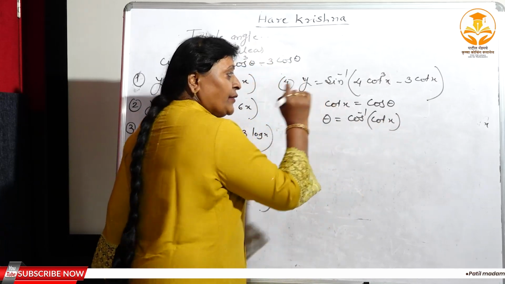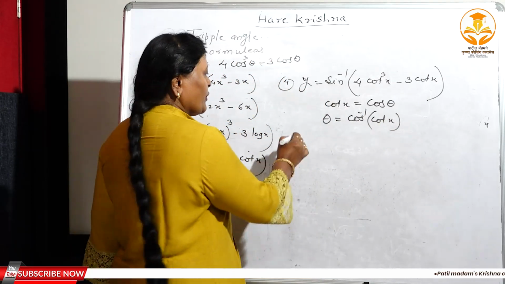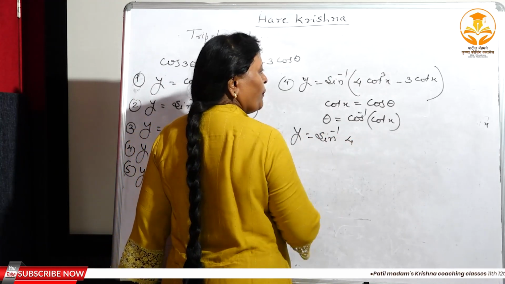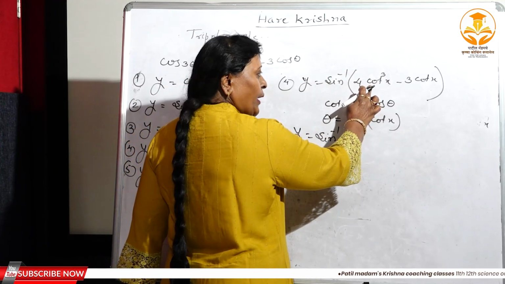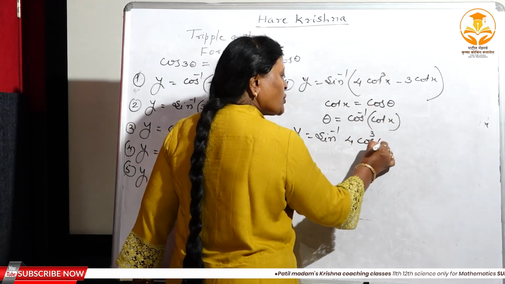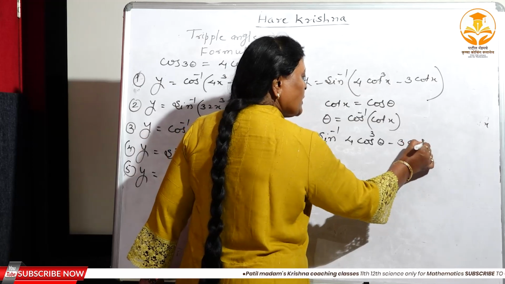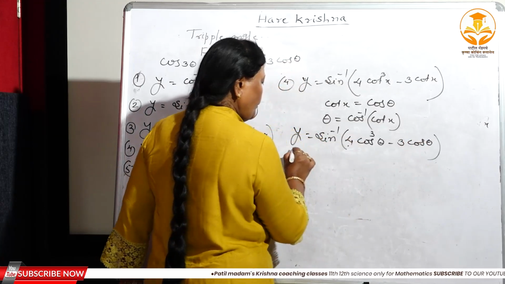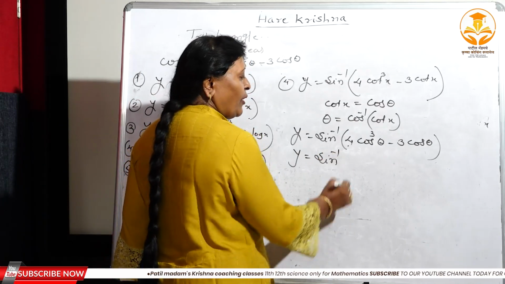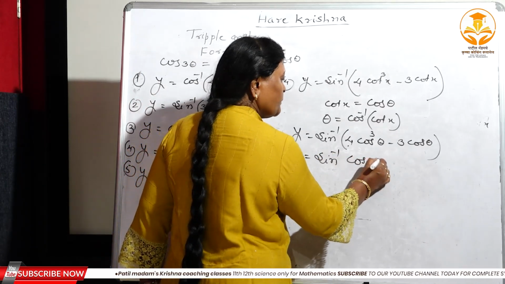Therefore, this problem becomes sine inverse of 4 cos cube theta minus 3 cos theta. Again, this is the formula of cos 3 theta.